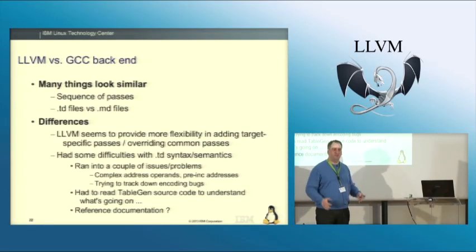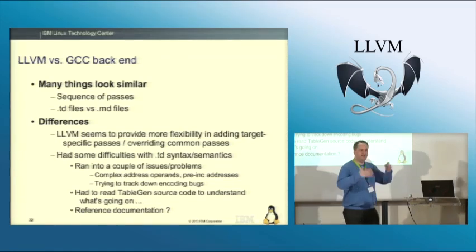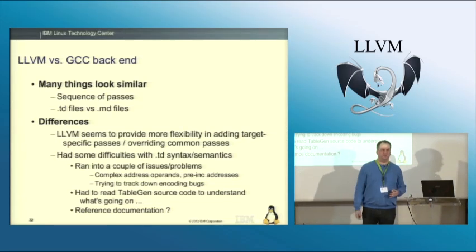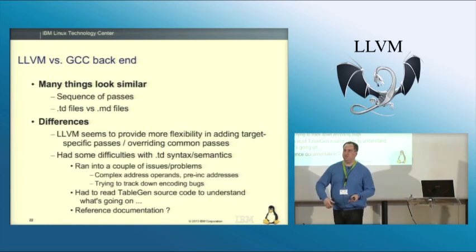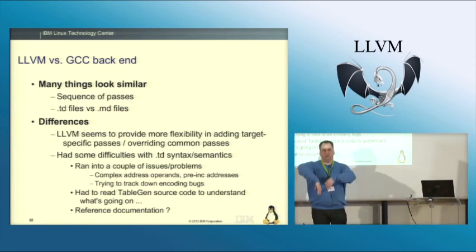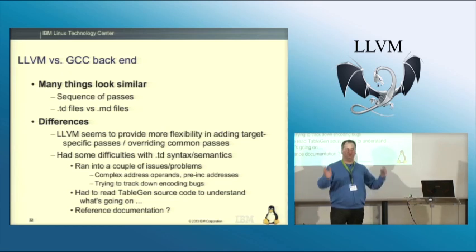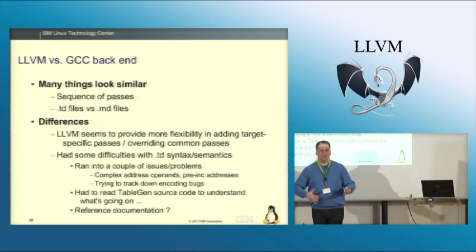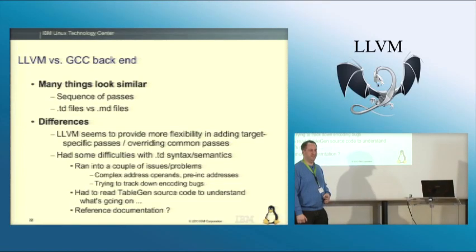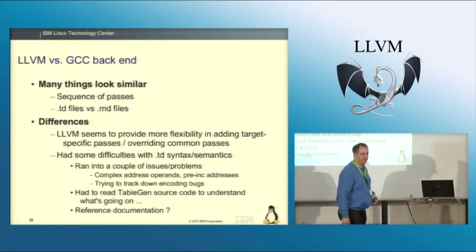I mean, it's a compiler. It does the same things. It has parsers that are about the same as the corresponding parsers in GCC. GCC has these weird MD files, which are processed by various tools and generate code. Well, LLVM has the TD files that are processed by various tools and generate code. So it's familiar on the backend side.